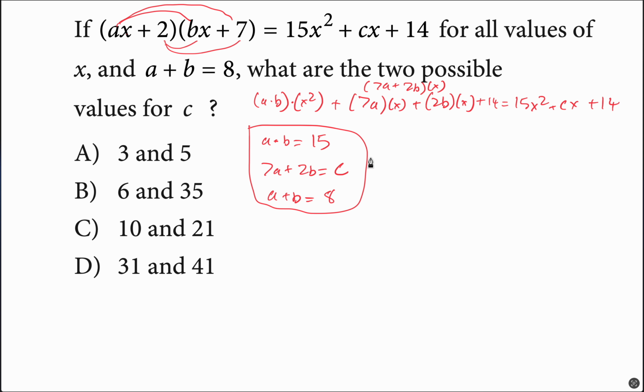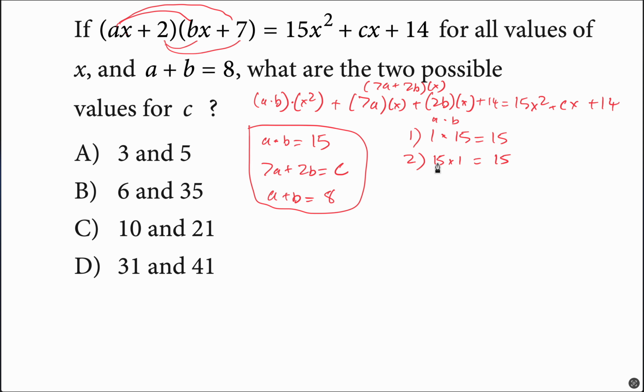What are the choices? So for a times b, we have our first choice: 1 times 15 equals 15. Right. So this is for the a times b. That's one of the choices. What's the second choice? You have 15 times 1 equals 15, right? You can switch the position.